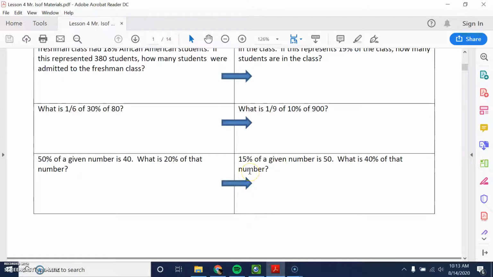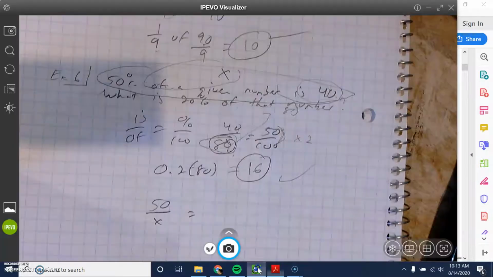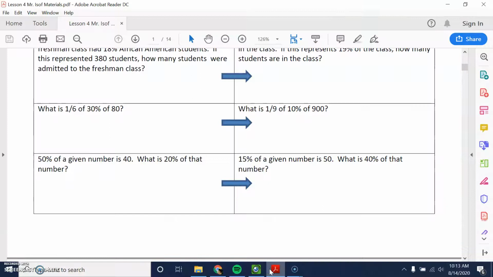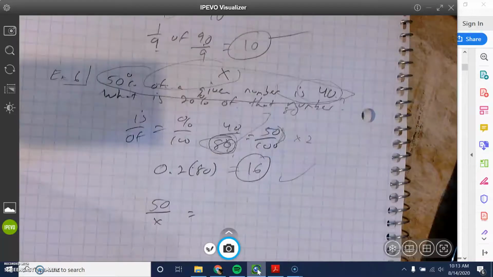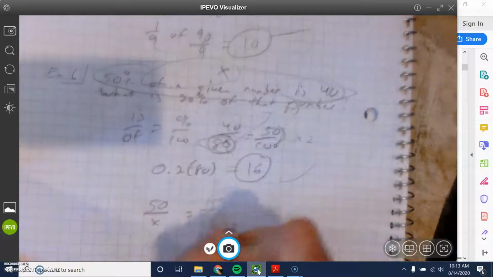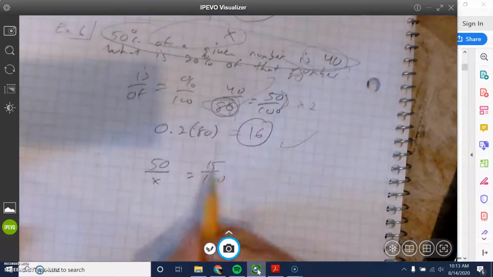15% of a given number is 50. What is 40% of that number? Go. All right, here you go. Sorry, 15% of a given number is 50. So this should be the first part, 15%, like that.